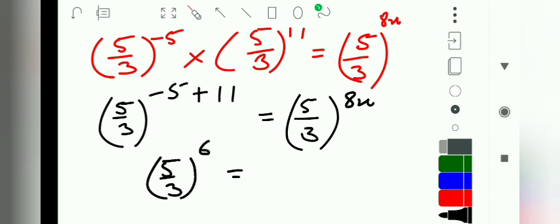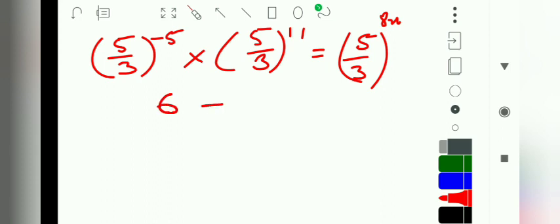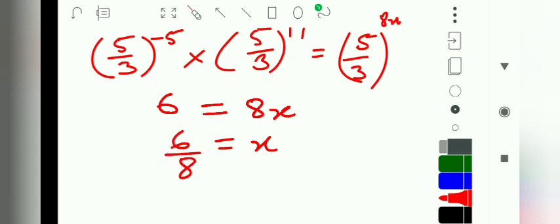Plus 6. On the both side, the base is same. Now compare the power 6 and 8x. You can write 6 equal 8x. So x equals 6 by 8.